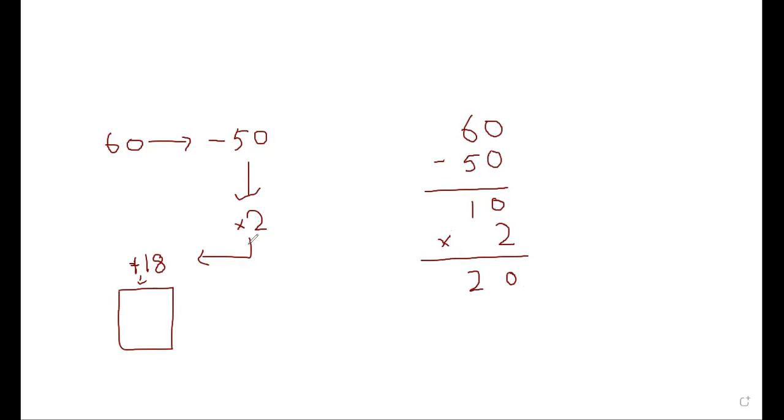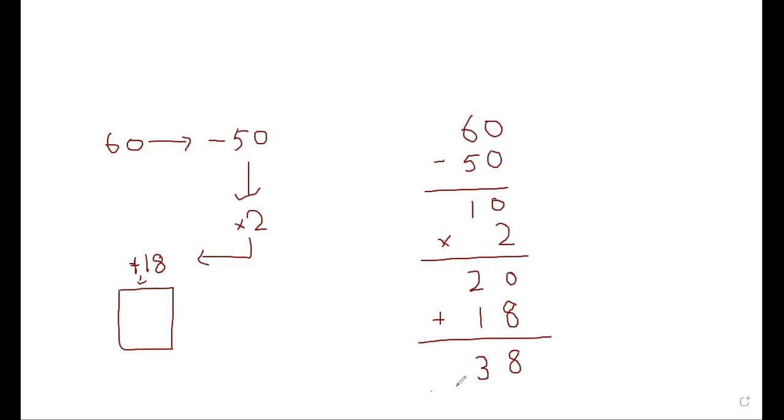Now it moves to the left side and what is he saying to do? Plus 18. Now I'm going to write the plus sign and I am going to write units under units and tens under tens. Now 0 plus 8 makes 8 and 2 plus 1 makes 3.